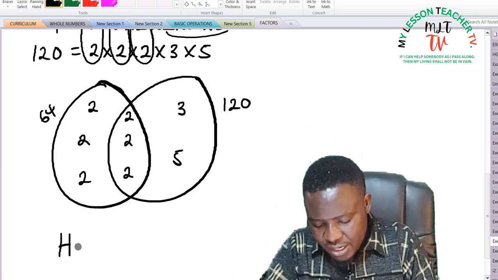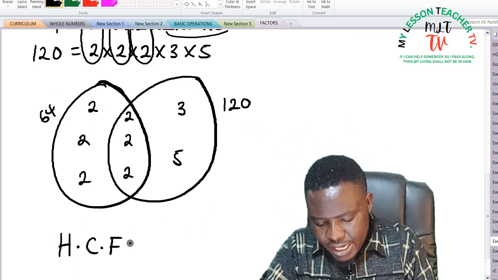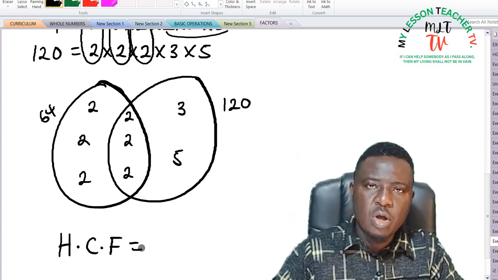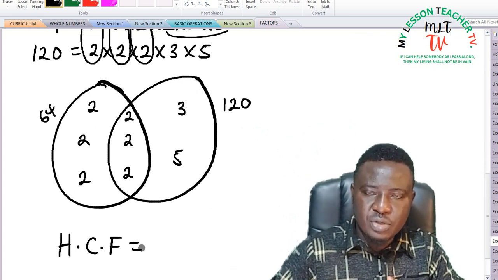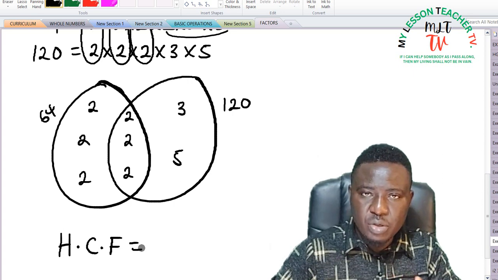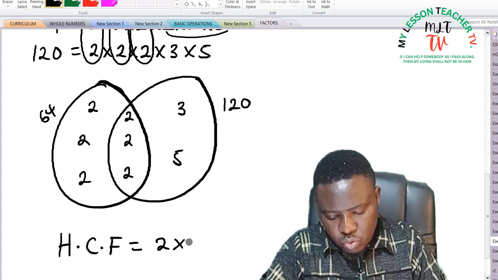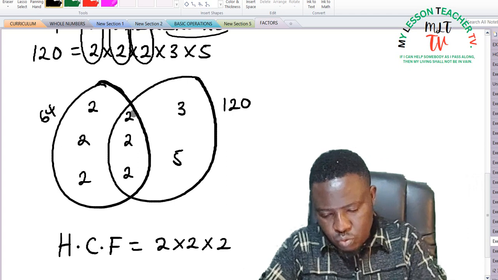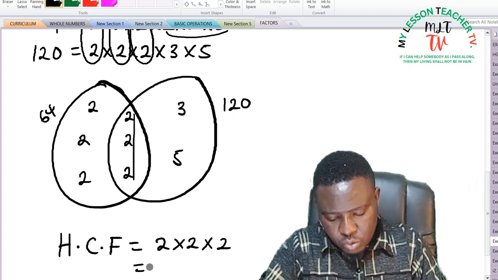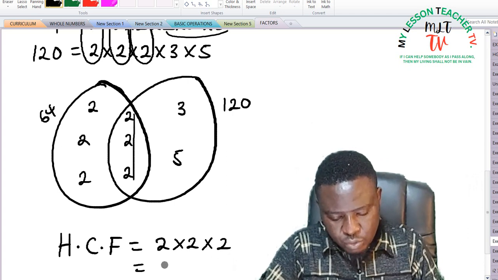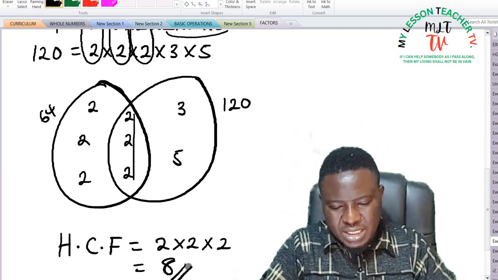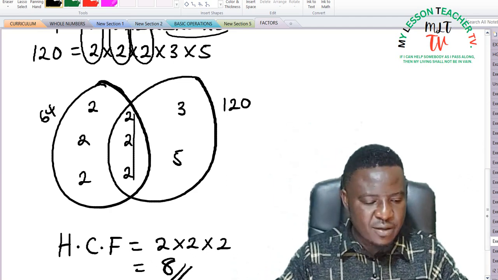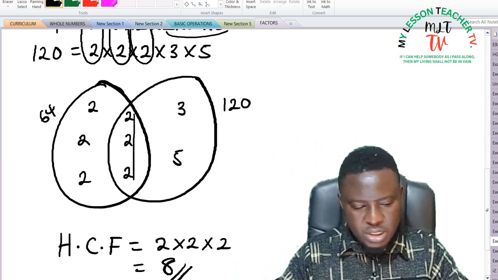So how do we get the HCF? The HCF is the product of all the numbers you can find in the overlapped region. That is 2 times 2 times 2, which are these. So 2 times 2 is 4, 4 times 2 is 8. So 8 is the HCF between 64 and 120.